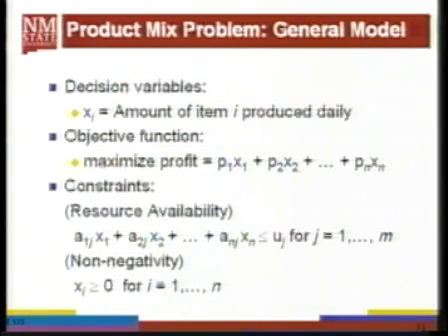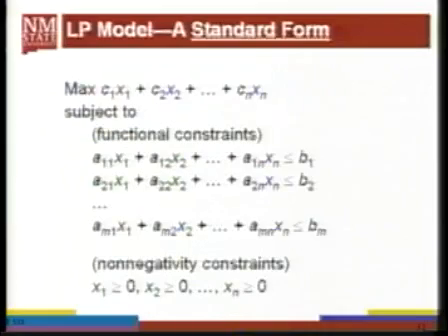The first one is resource availability constraints, and the second one is non-negativity restrictions, okay? And the standard form of a linear programming problem with a maximization problem would look like this, okay? And in this case, the number of variables is n, and the number of constraints is m plus n, right?